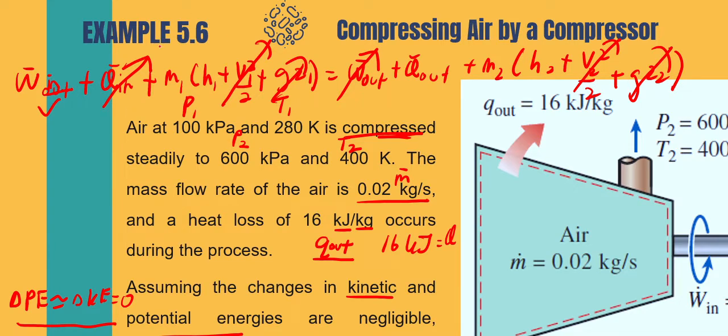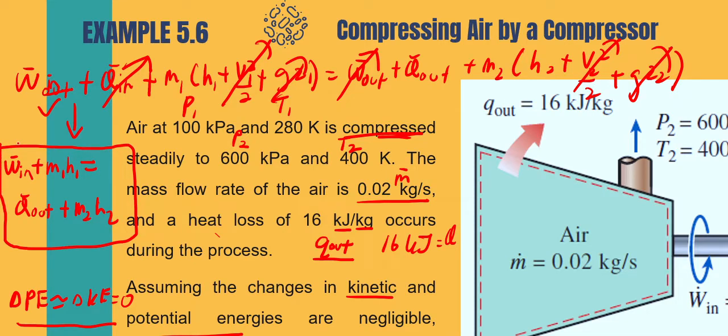So what's left? This equation will become W in plus m1h1 equals Q out plus m2h2. So we're going to use this equation to solve the problem.